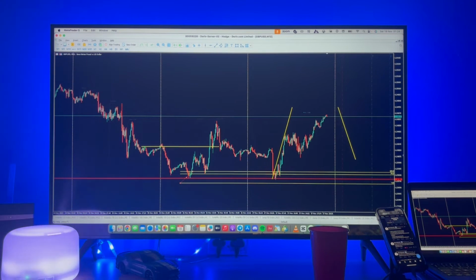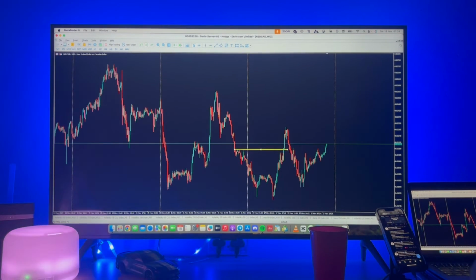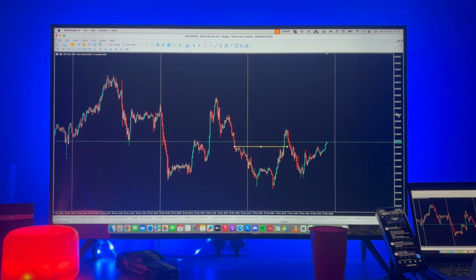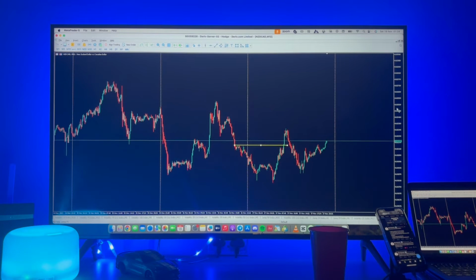Also, while we are on this, I want to tell you guys about the secret between the most profitable traders and those who are not profitable. In trading, in order for you to succeed, you need to have passion for the market.